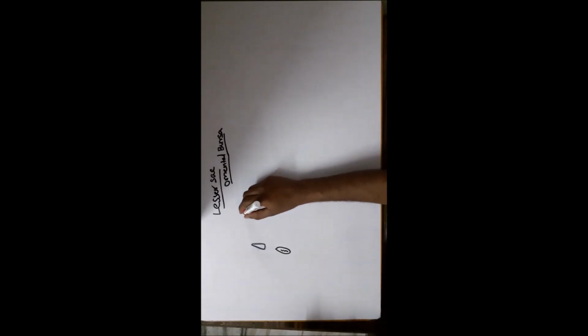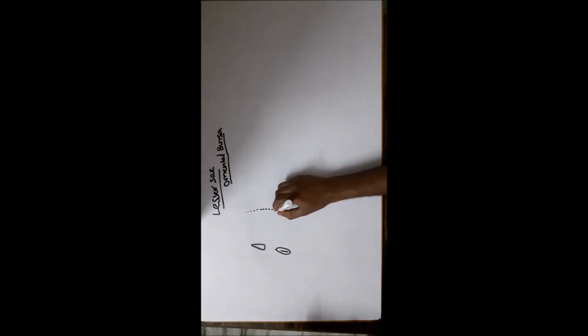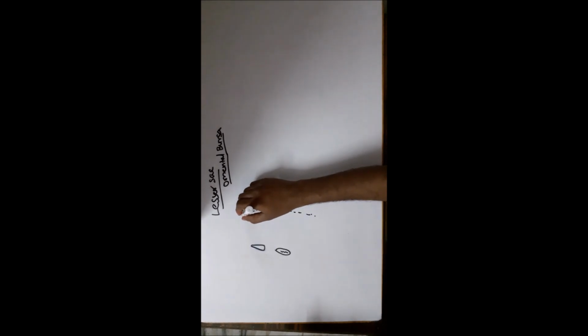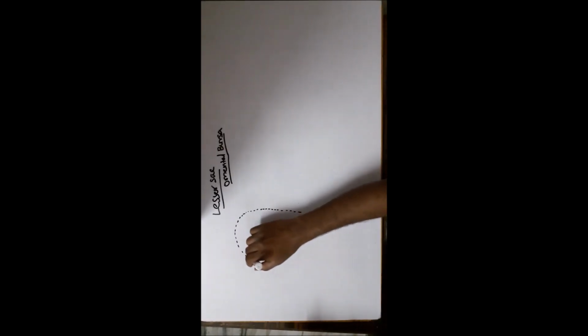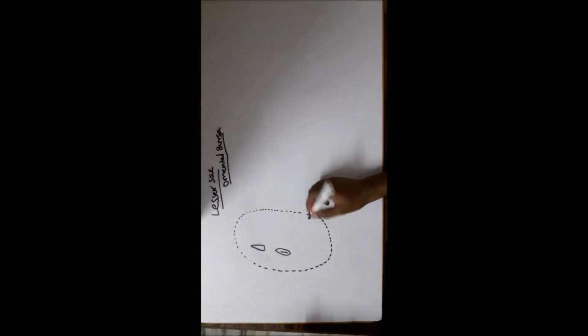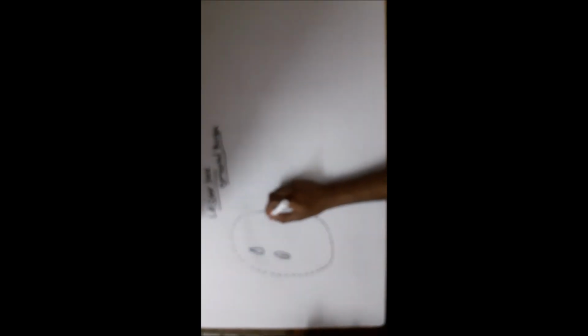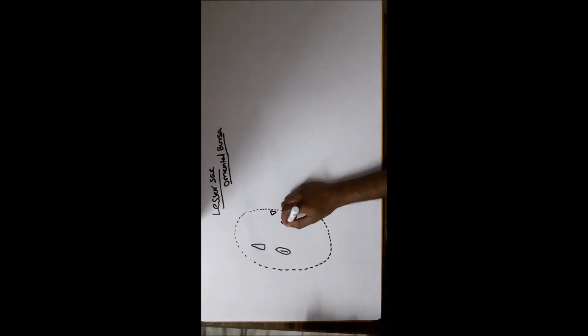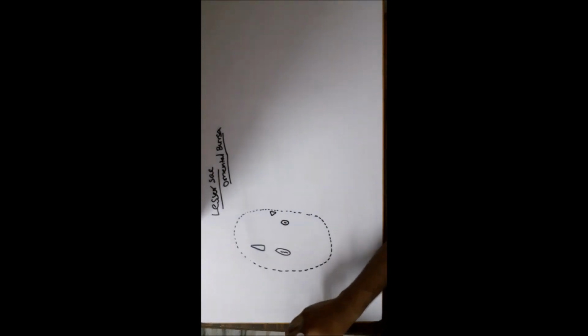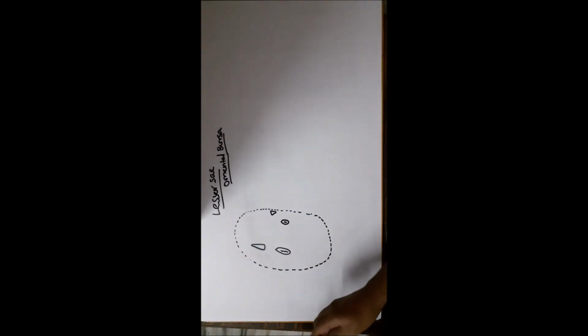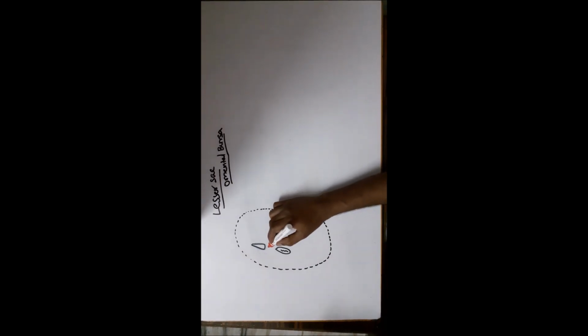If this is the posterior abdominal wall, this is your diaphragm. We have this pancreas, which is a retroperitoneal organ. This will be the transverse colon.